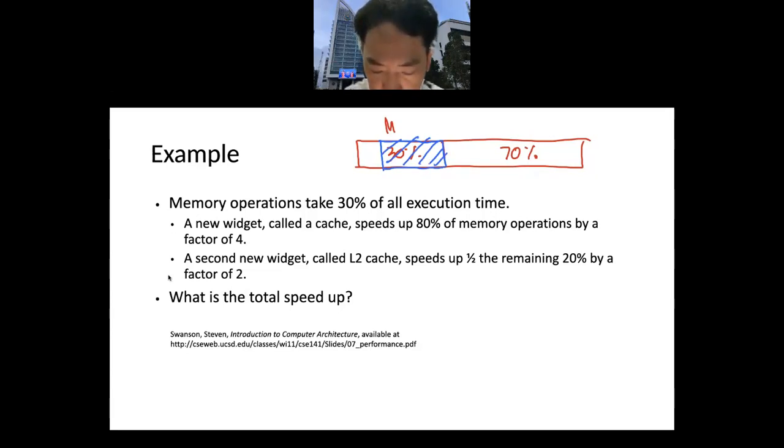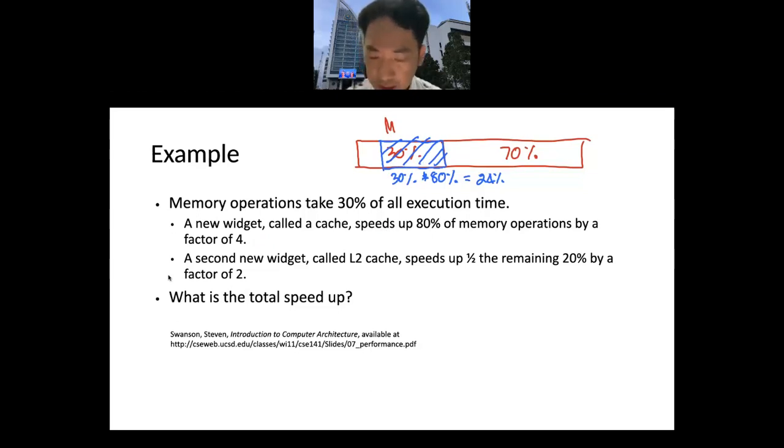So in total it is 30% times 80%, and here it is equal to 24%. And 24% of the memory, out of the 30% here, is sped up by a factor of 4.